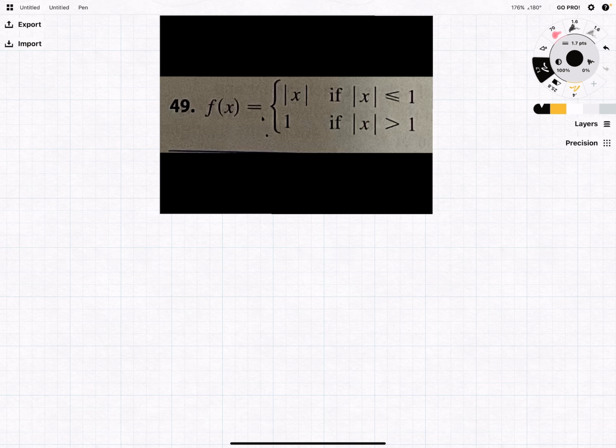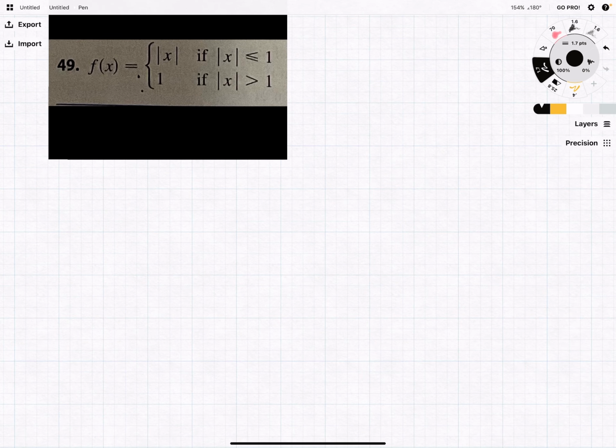If we take a moment and read it, f of x equals the absolute value of x if the absolute value of x is less than or equal to 1. So what does that mean?